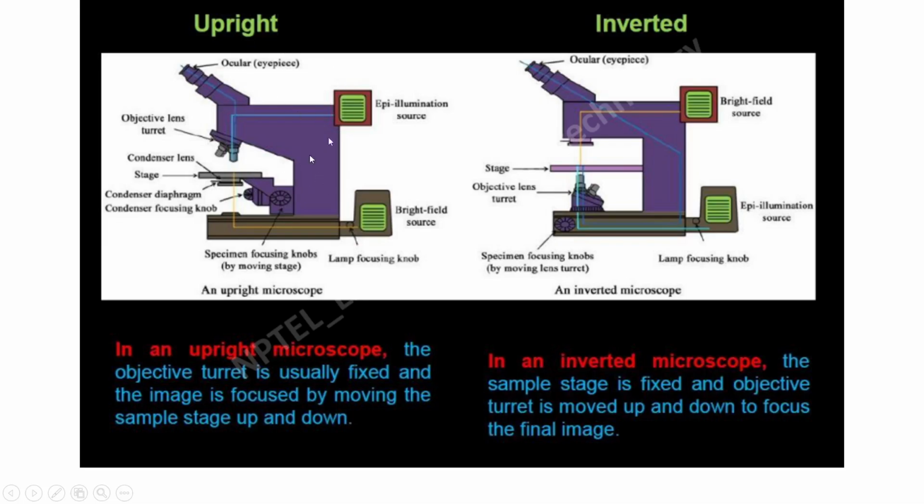The difference between the upright and the inverted microscope is, in the upright microscope, this is the stage where you are keeping your sample. Now, in case of upright microscope, you can actually move the stage up and down. The objective lens is fixed here.